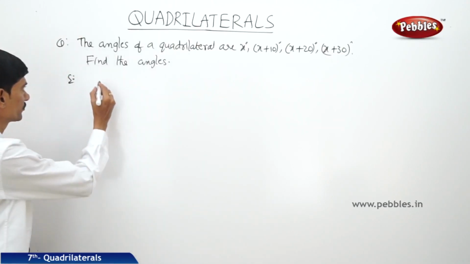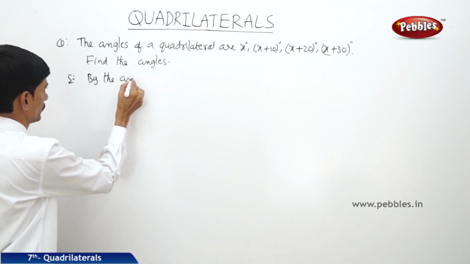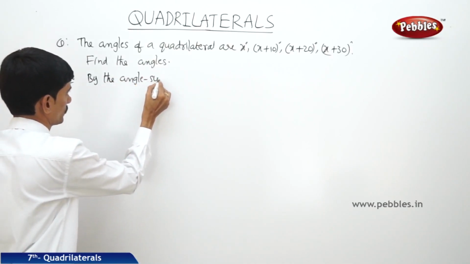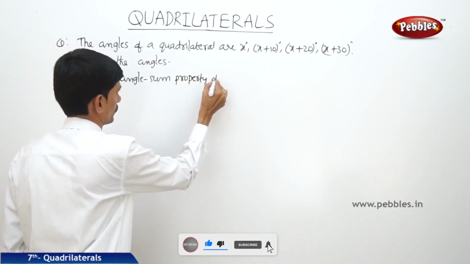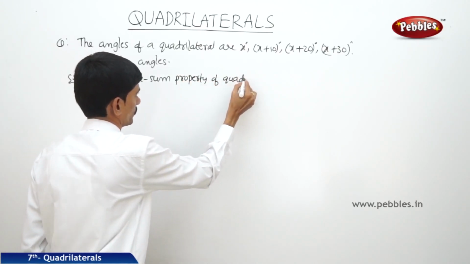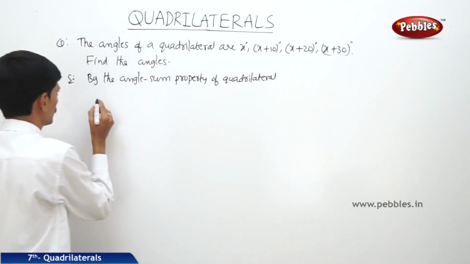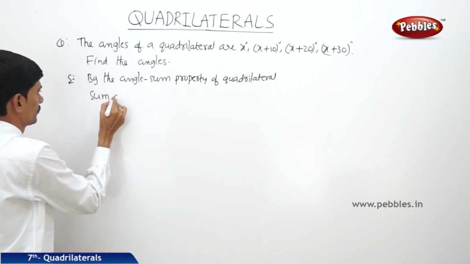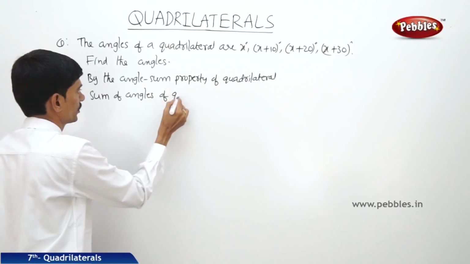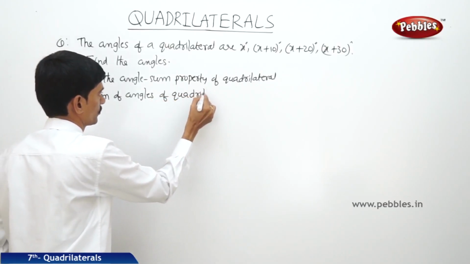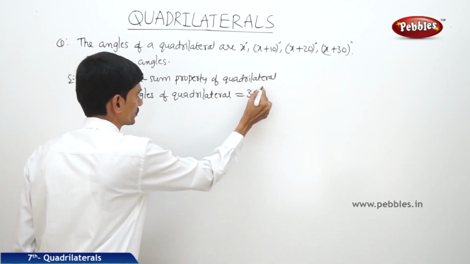So the sum of the angles of the quadrilateral equals 360 degrees.